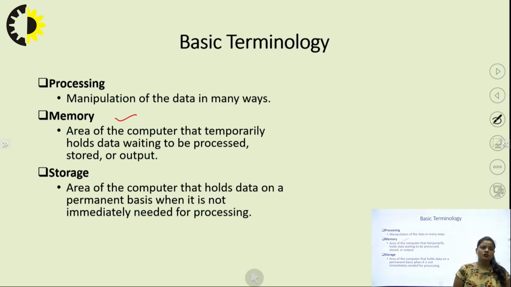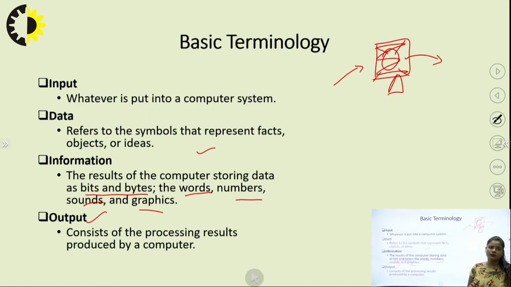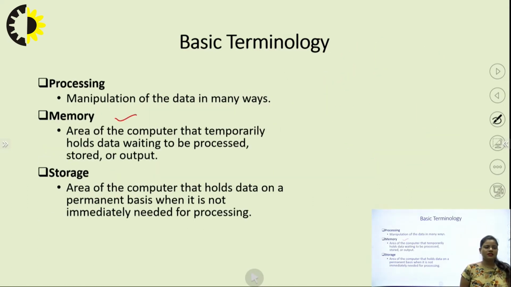In computer organization, memory is the area of the computer that temporarily holds data waiting to be processed, stored or output. So this is basically the memory. In detail, we will study memory, input and output in our upcoming slides.